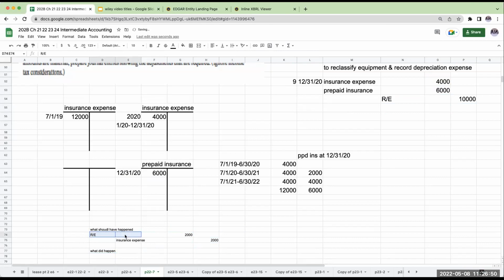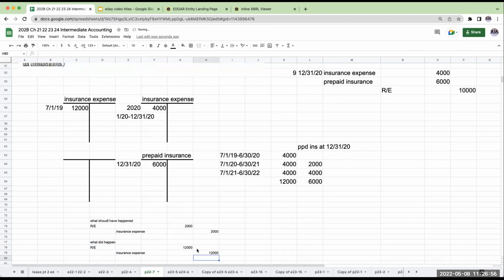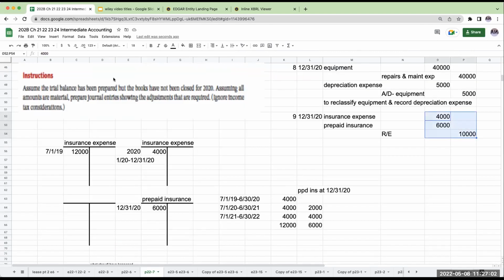So when I look at what should have happened and what did happen of 12,000 and 12,000, this net amount is basically a retained earnings of 10. That's what I'm using over here to correct it. So remember, whenever you're doing an entry like this, the approach I would take is I would say, okay, at December 31st, how much do I have left?